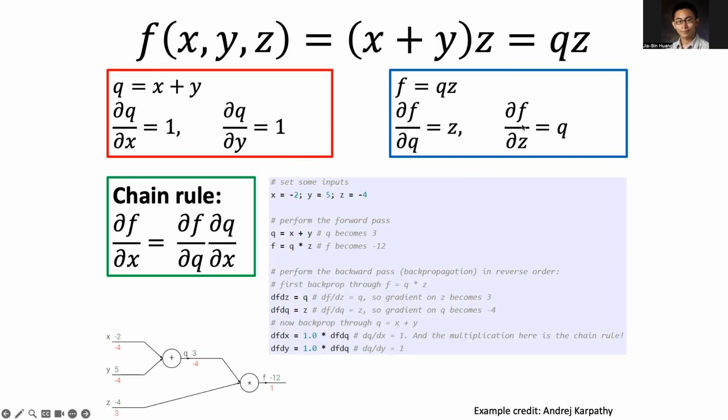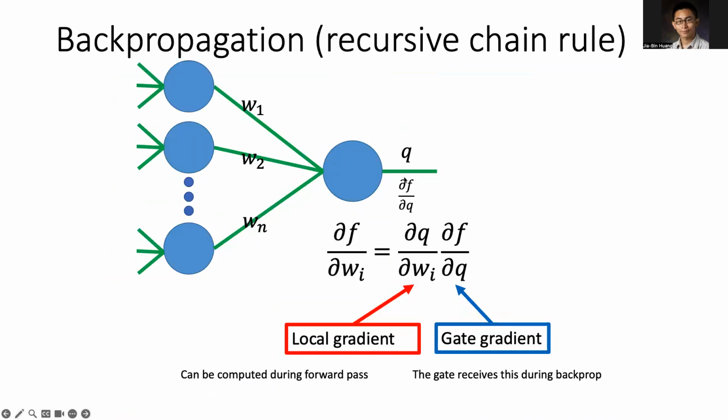Once you have that, you can take the output gradients and gradually propagate them back to see the gradient of the loss with respect to each of the inputs. This is how you find the gradients for all the parameters. Very straightforward. Questions so far? Okay.